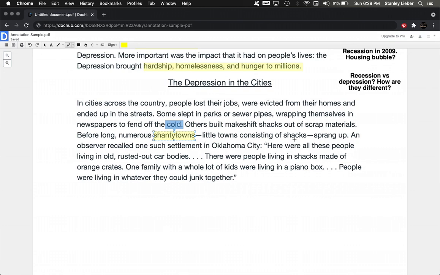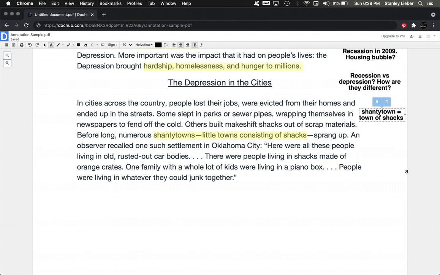Little towns consisting of shacks. Okay, so maybe I want to take my highlight over, and then I'll just make a note. Shanty town equals town of shacks, so I can refer back to that later.